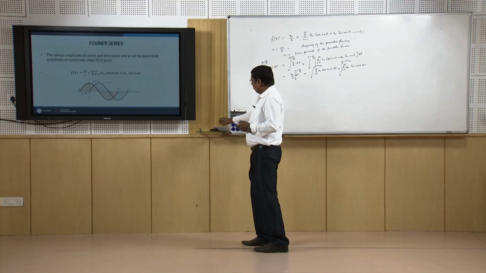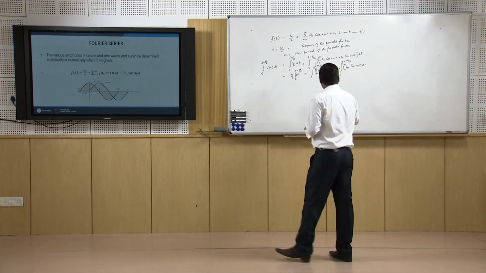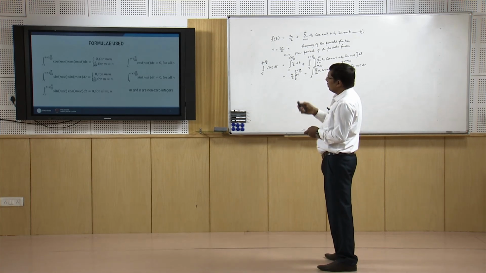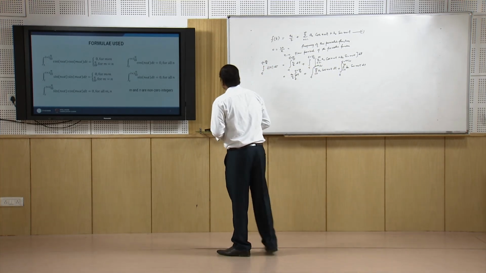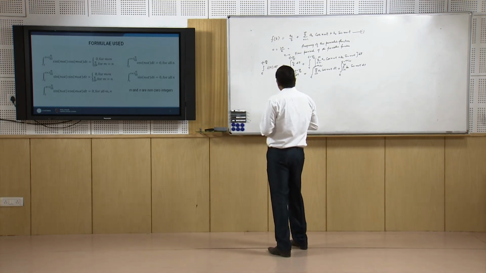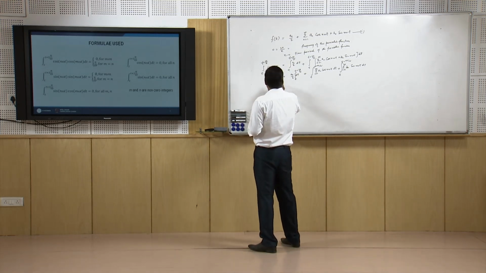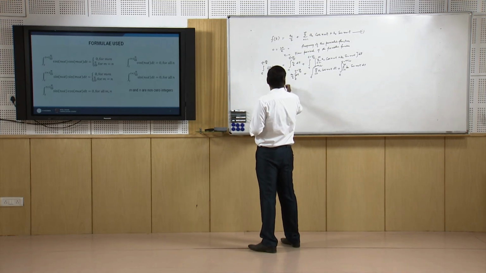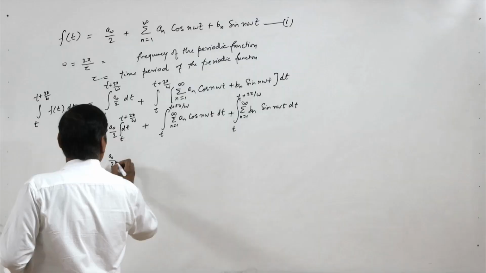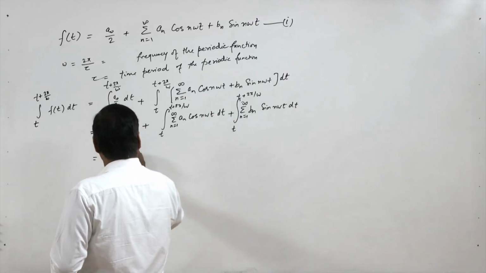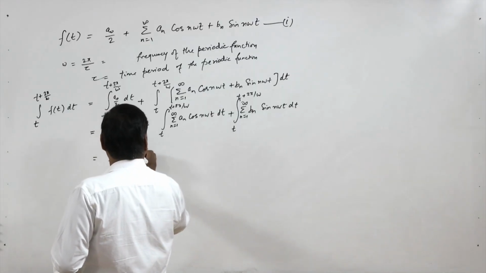So in order to solve these integrals, we will use some formulas of integration. From here we can write a0 by 2 integrated from t to t plus 2 pi by omega.